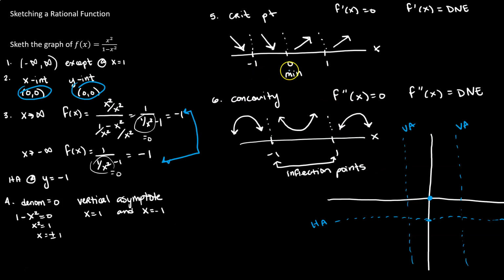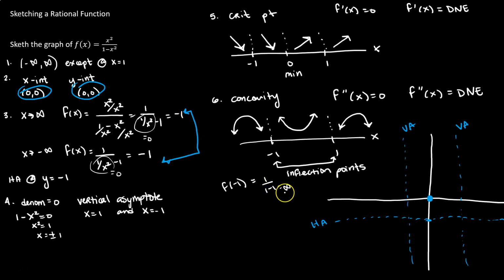We found a minimum at 0, so this point that we have at the origin is a minimum for our function. And then we found inflection points at -1 and +1. Now we should graph those, so we need to plug -1 and +1 into our function. F at -1 would look like 1 over 1 minus 1. Ooh, infinity.